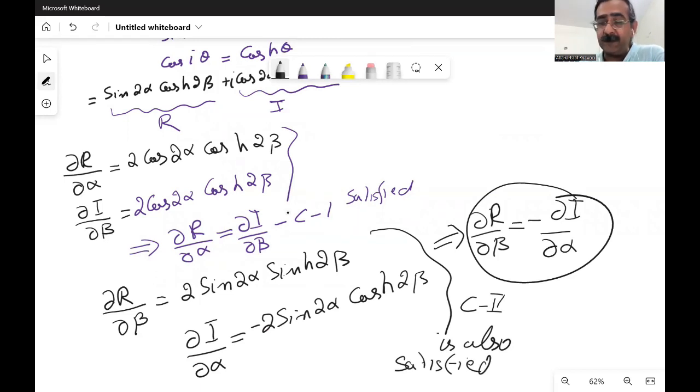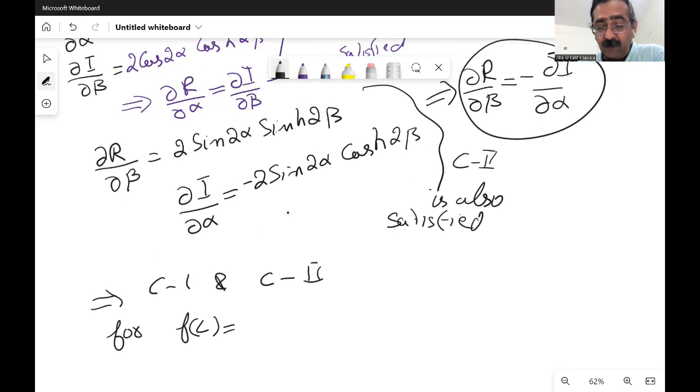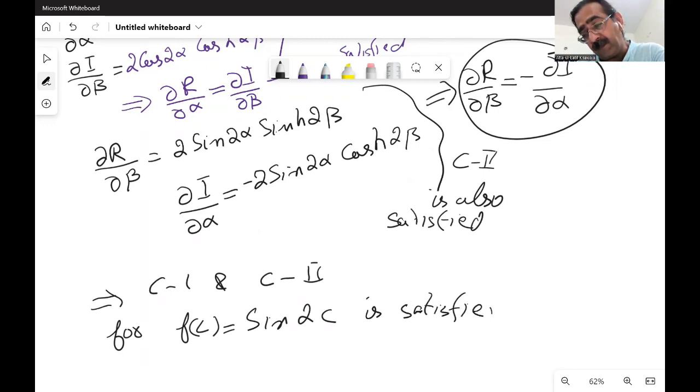So this implies that because C1 and C2 for f(z) equal to sin 2z are satisfied, it is an analytic function.